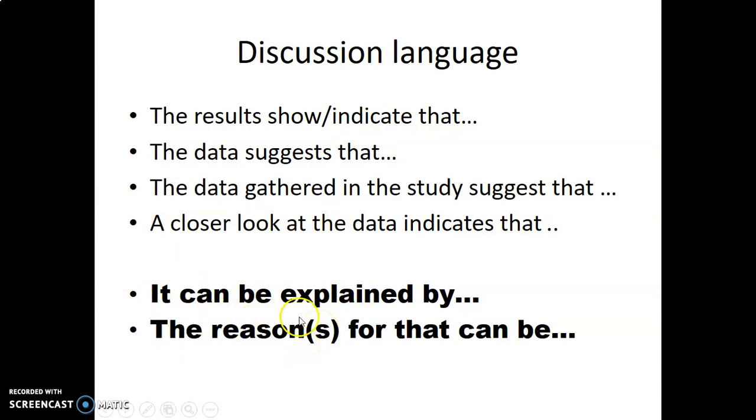Of course you can use something else, obviously, but these are just suggested phrases for you to think about. So in discussion, you do two things. You talk about the results, what the graphs show, right? And then you explain this using different sources. Use information from sources.